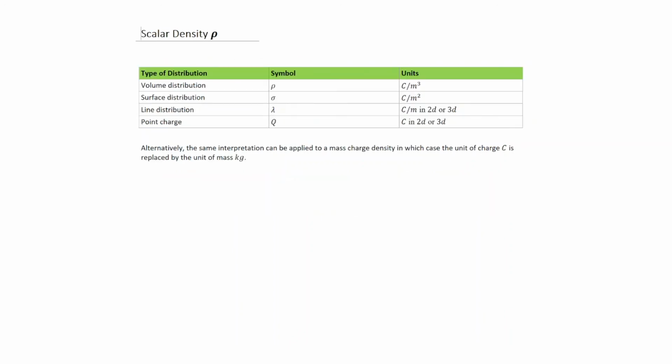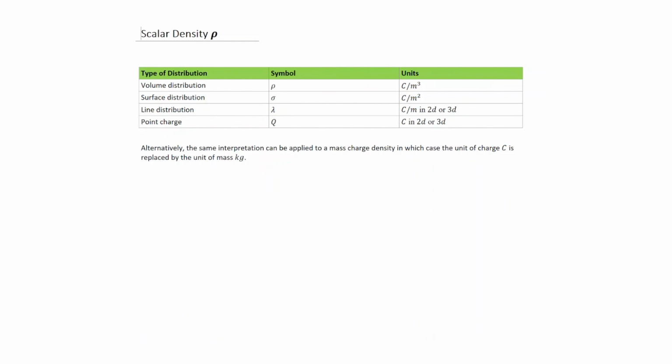All right, scalar density rho, just the different units: type of distribution, the symbol, and the unit. If it's a volume distribution, it involves rho, which means coulombs per cubic meter. If the charge is distributed over a surface, then the surface charge density is coulombs per meter squared. If it's distributed over a line, either in 2D or 3D, then the charge density would be coulombs per meter.